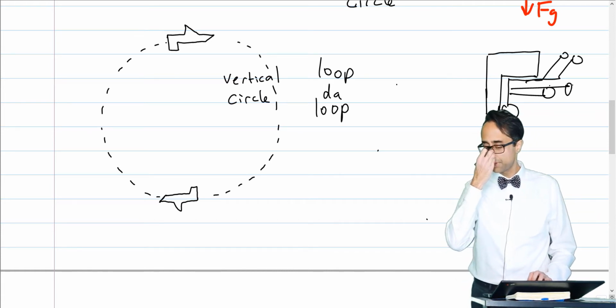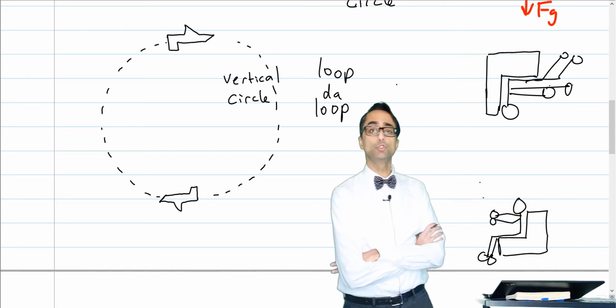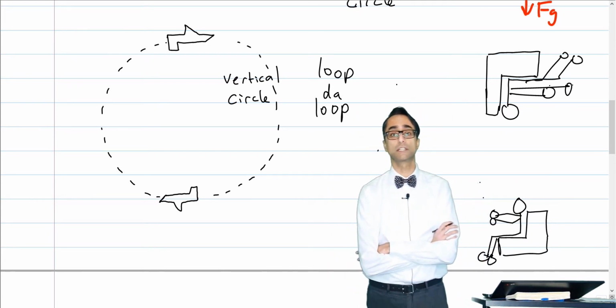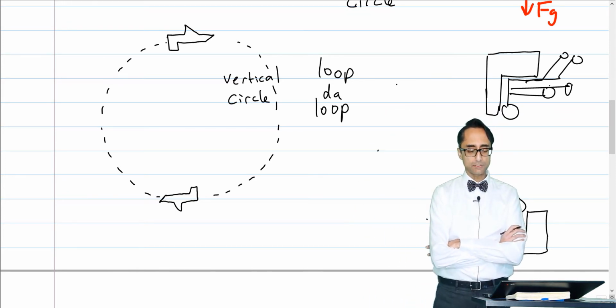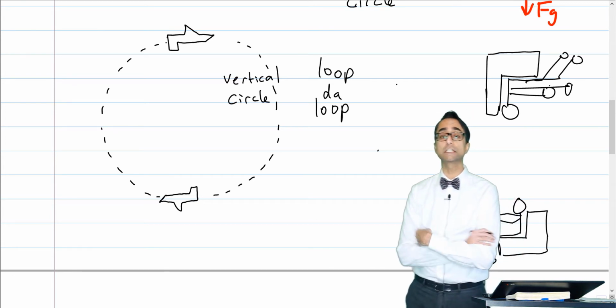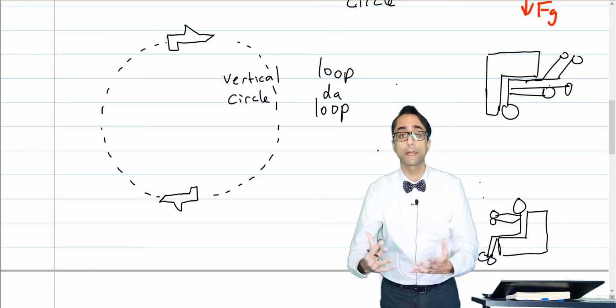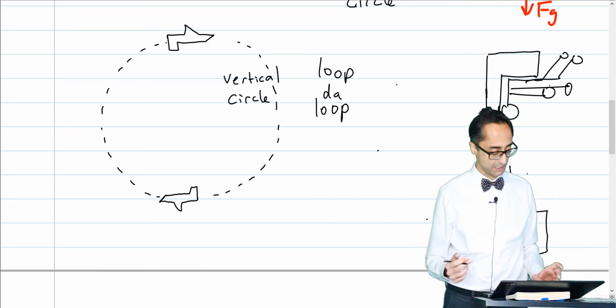All right, and we're going to make things extra interesting here. Let's say that the pilot is not wearing a seatbelt. That's right, the pilot is not wearing a seatbelt. And let's also have it so that she doesn't fall out of her seat, okay? So she's going to stay in her seat here at the bottom. Obviously, that's not a big deal.